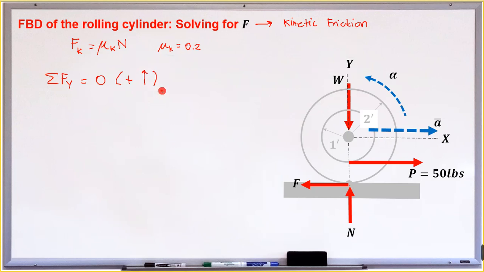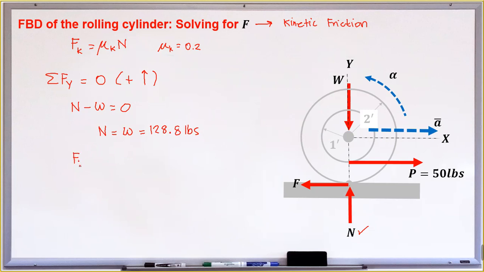The only force that is directed upwards is the normal force. So we have normal force minus weight equal to 0. Therefore the normal force is just equal to the weight of our two solid cylinders, and that is equal to 128.8 pounds.